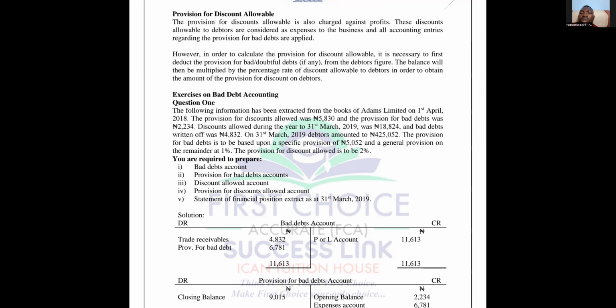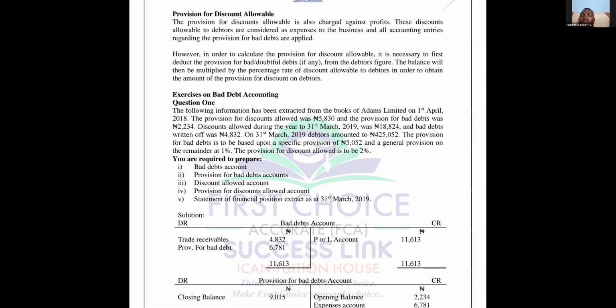The provision for bad debt is to be based upon the specific provision of 5,052 and a general provision on the remainder at 1%. The provision for discount allowed is to be 2%. For you to understand this, you can go ahead and read the question again so that you can digest it.